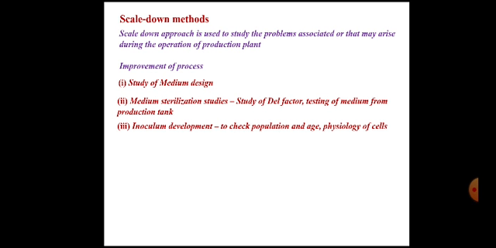This includes checking the population and age of the microbes present in the production plant, as well as the physiology of cells at small scale. The number of generations, that is to test the efficiency and stability of production strains. So for these organisms present in the production tank, their efficiency and stability can be tested at small scale.